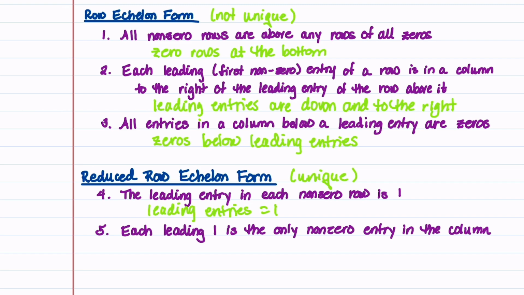So what that means is that we have zeros above and below each leading entry. I would encourage you to memorize the 3 requirements for echelon form and the 5 requirements for reduced echelon form.